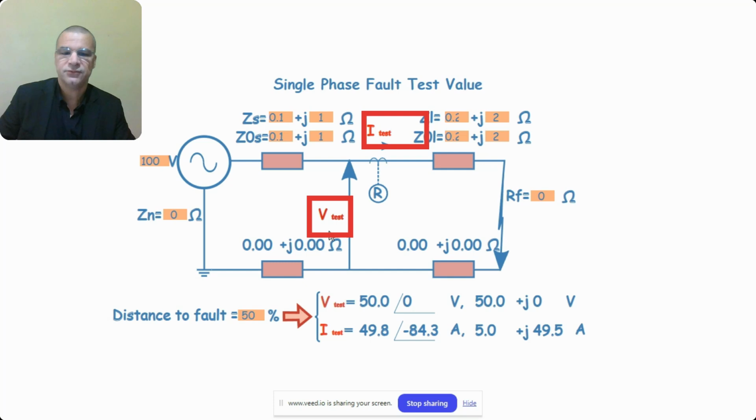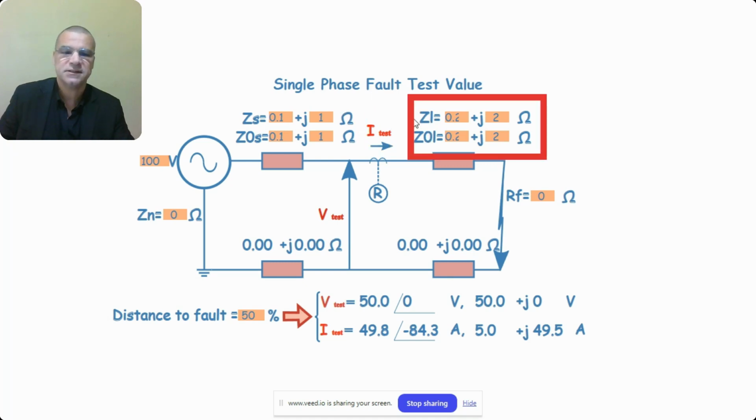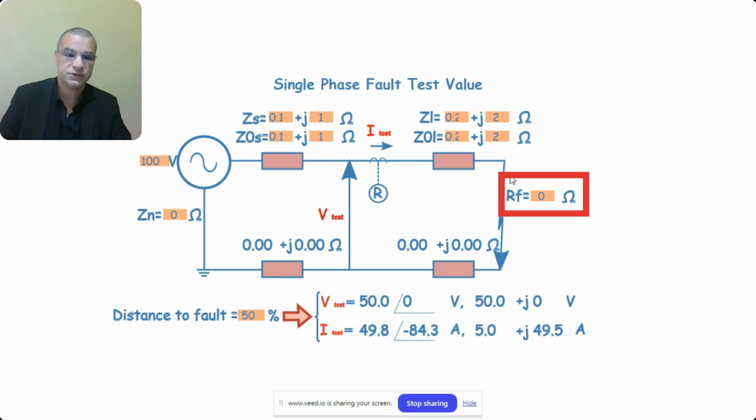In red, you've got the V test and I test. These are the values that you would inject onto the relay. Then you've got the ZL with the positive and the zero sequence values, and then RF, which is the resistive value of the fault.